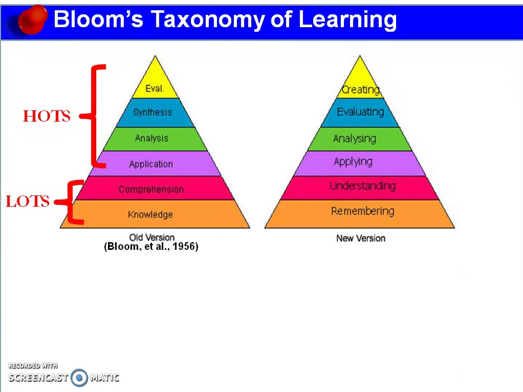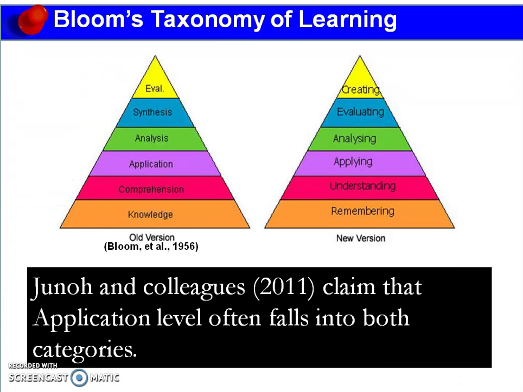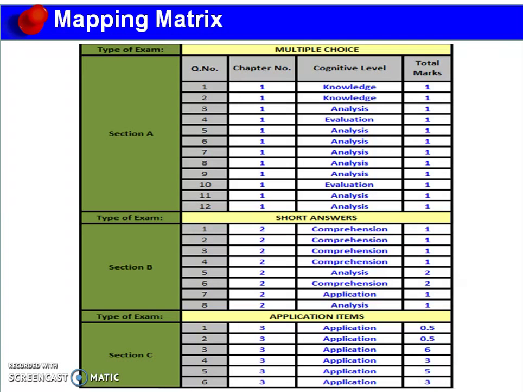However, it is the discretion of the institution to categorize application under either LOTS or HOTS. Jono and colleagues claim that application level often falls into both categories. The total marks refer to the weight of each question number.